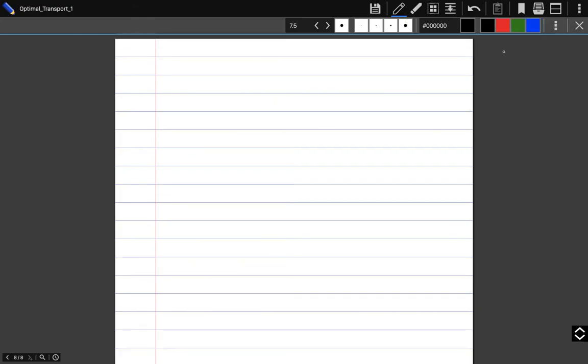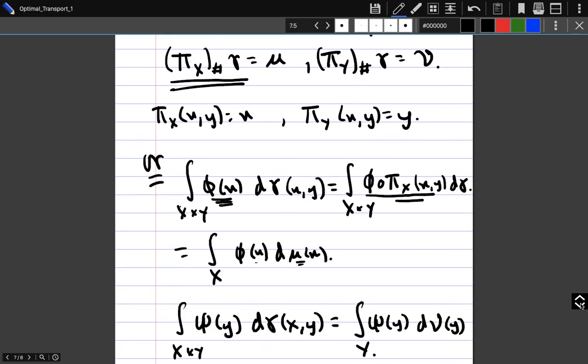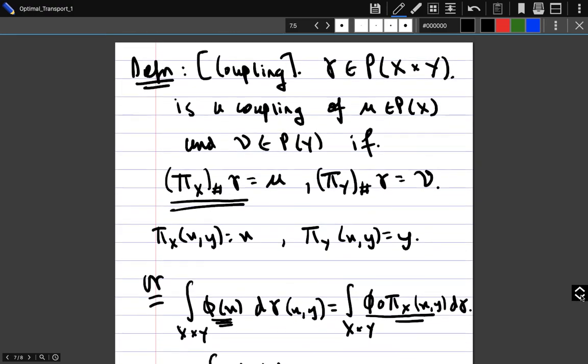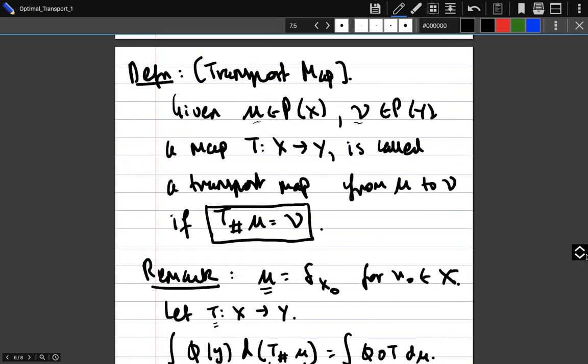So what can we do now? It's useful to observe that you're always able to find a coupling. Given any two probability measures, you're always able to find at least one gamma, if not the most optimal one. At least the set of gammas given mu and nu is not empty, unlike the case for transport maps.